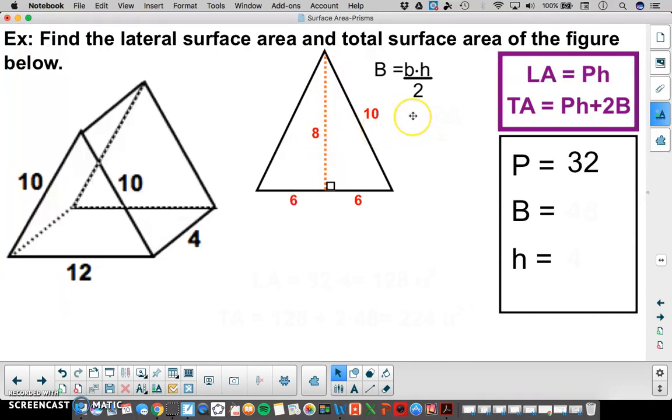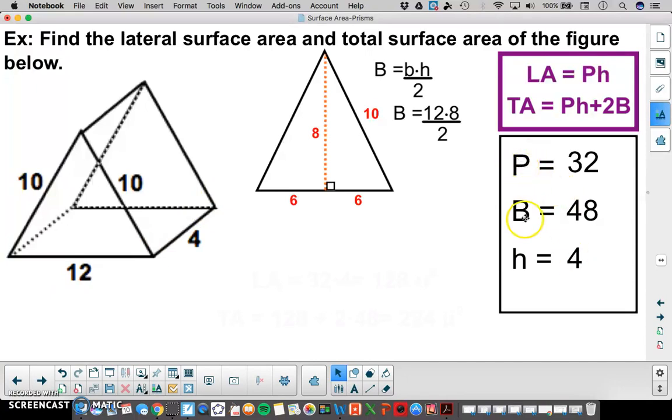So I'm going to plug that into the area of a triangle formula. So I have 12 times 8 divided by 2. So 12 times 8 is 96. 96 divided by 2 is 48. So the area of that triangle is 48 square units. The height of this prism is that lateral edge between the two triangles, and so that is going to be 4.